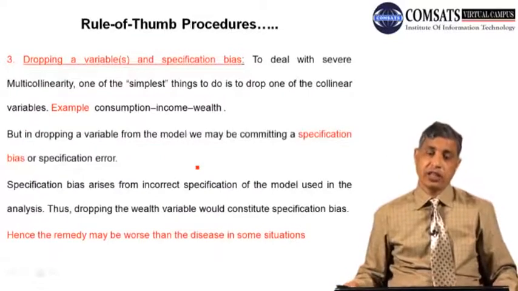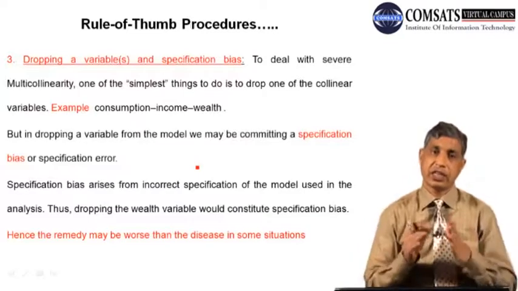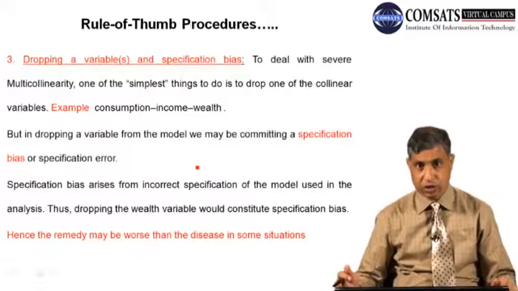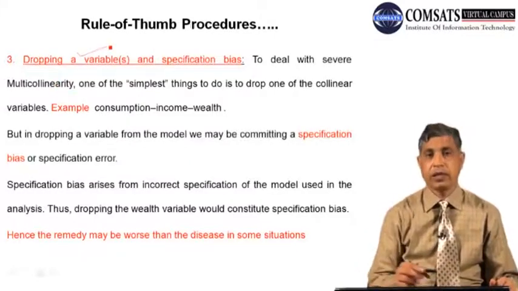The third is a very simple, and you can say awkward, method to reduce the multicollinearity. What this says is simply drop a variable.